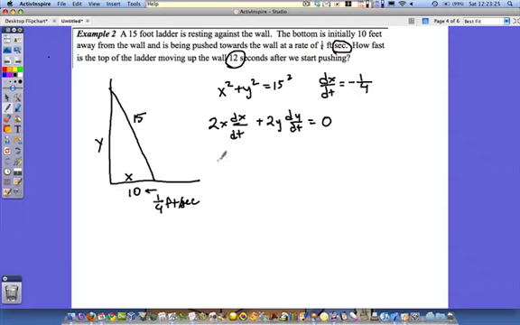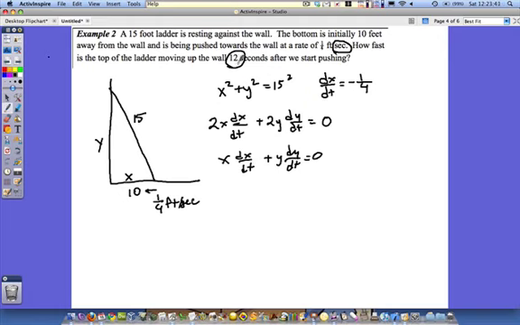That's our basic relationship, and I can get rid of the 2's. So we have x dx/dt plus y dy/dt equals 0. Here's our equation that relates our rates. Get it? Related rate problems.